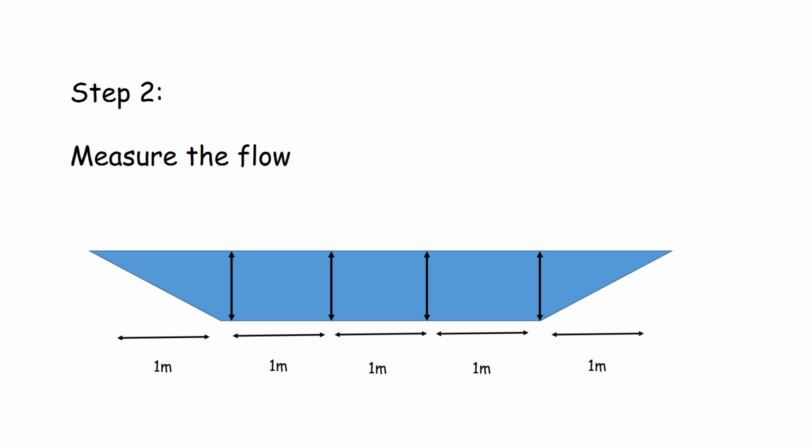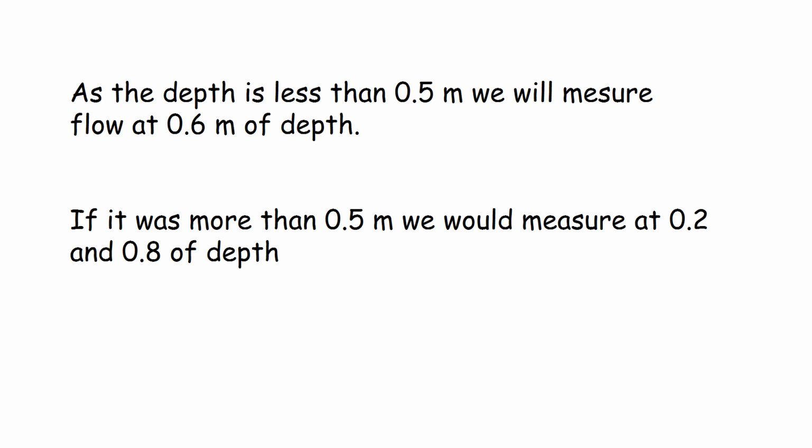Our second step will be to measure the flow at 1 meter intervals across our wadi stream. As our stream is shallow and has a depth of less than 0.5 meters, we will measure flow at 0.6 of the depth.